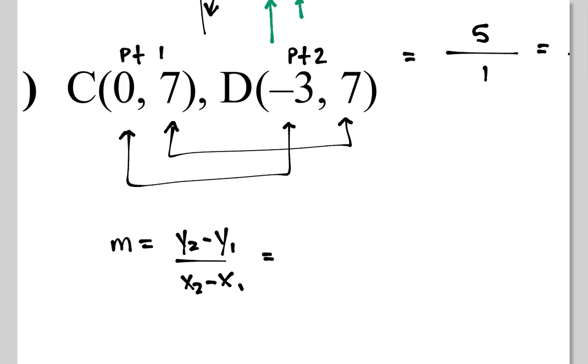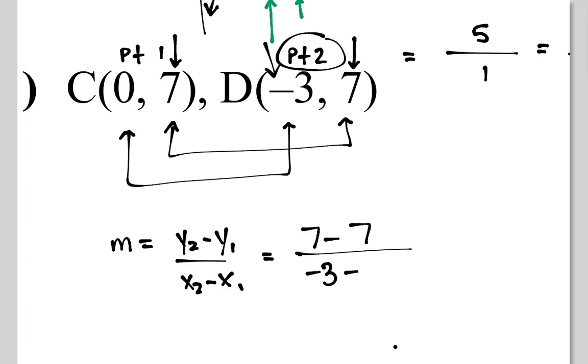So where's the y2? Well, I got to look from point 2. And which one's the y component? 7. And then I need to subtract y1. Well, which one's the y from point 1? 7. Now I divide it by the change in x. Which one's x2? Negative 3.